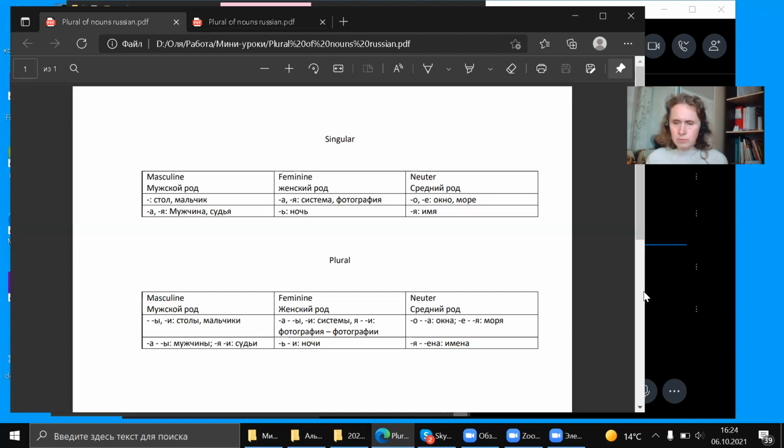And before we finish, I would like to take a few nouns, kind of make an exercise. Take a few nouns and try to see if we can figure out their gender, or maybe we cannot, and try to form their plural according to what we've just learned.